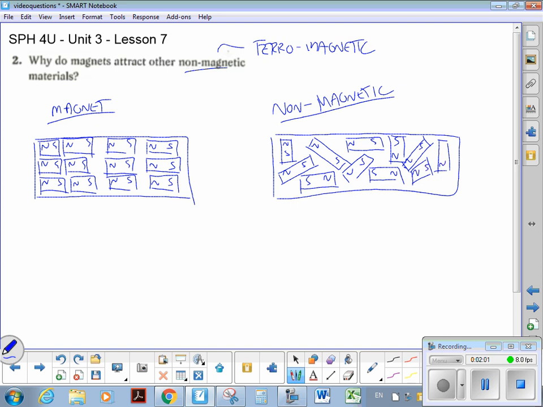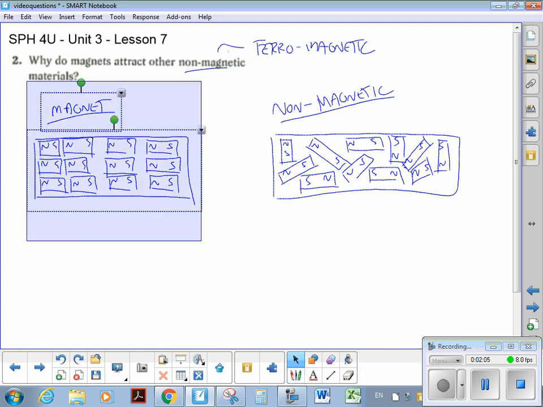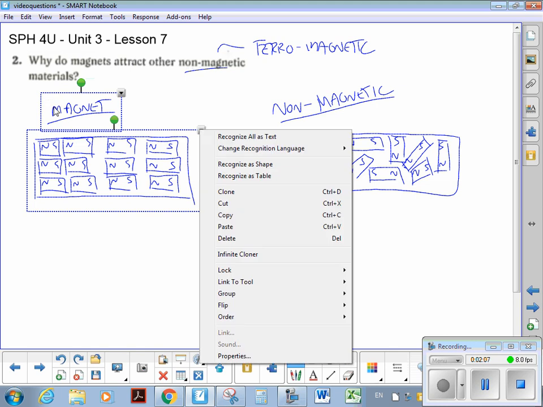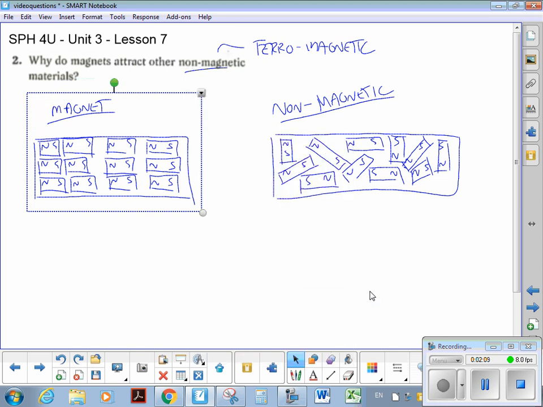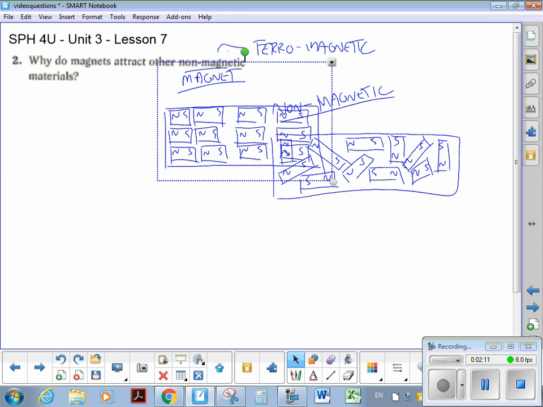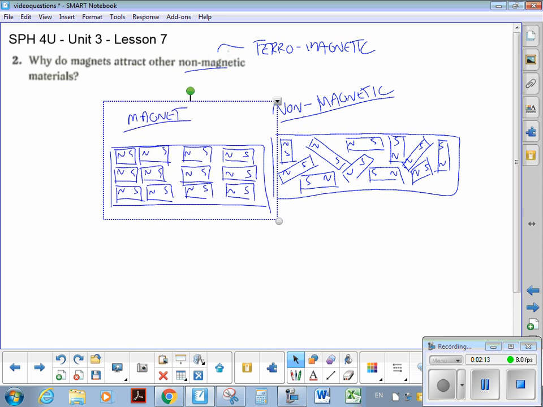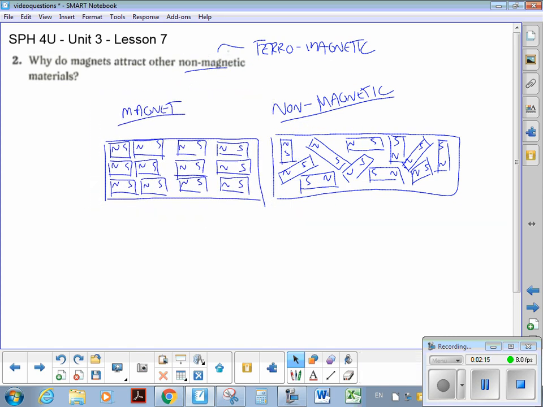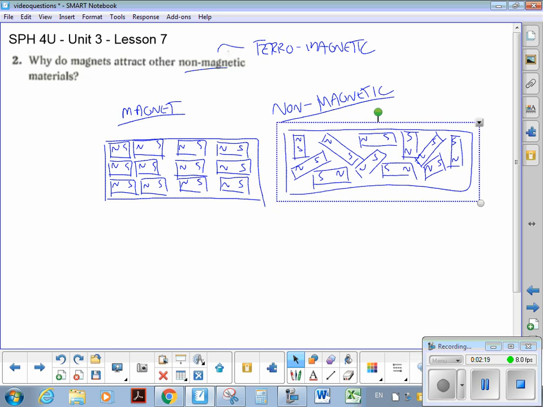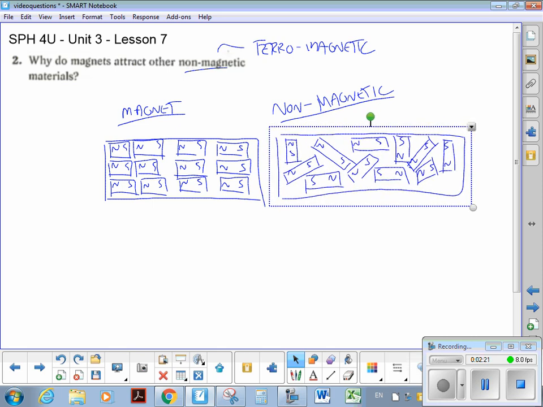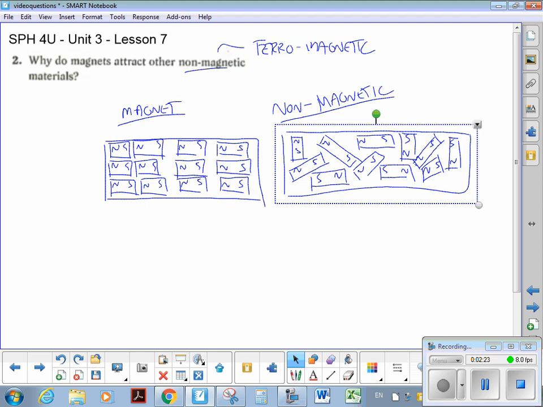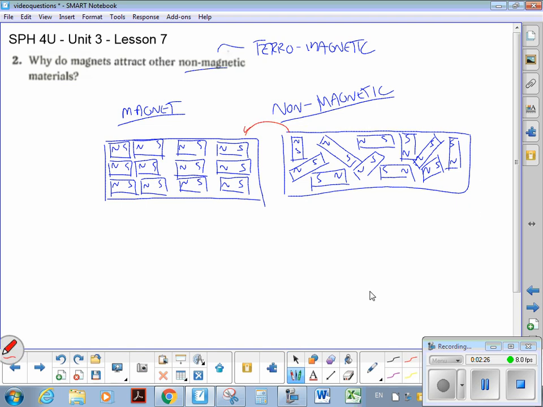All right, so all of a sudden, what happens, magic of the smartboard here. So if I put that together, now if I take my magnet and go over here and go, hey, non-magnetic material, what happens is there's an attraction that starts to happen in here. And you'll find that the dipoles in here start getting attracted to these dipoles over here.